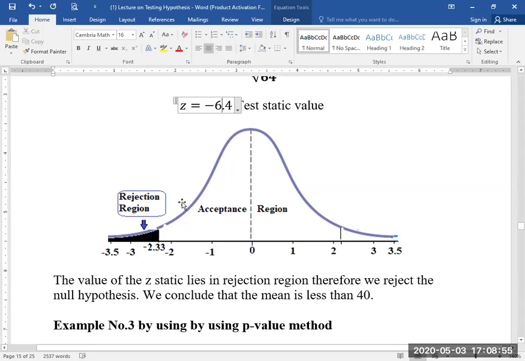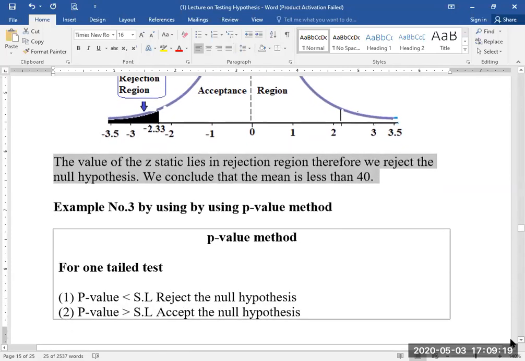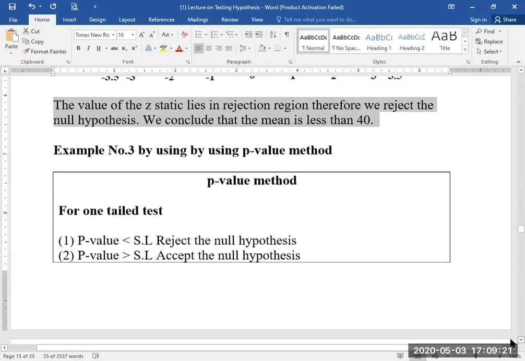Now, minus 6.4 lies in the rejection region because it is less than minus 2.33. So the test statistic lies in the rejection region. The value of the Z test lies in the rejection region. Therefore, we reject the null hypothesis and conclude that the mean is less than 40.